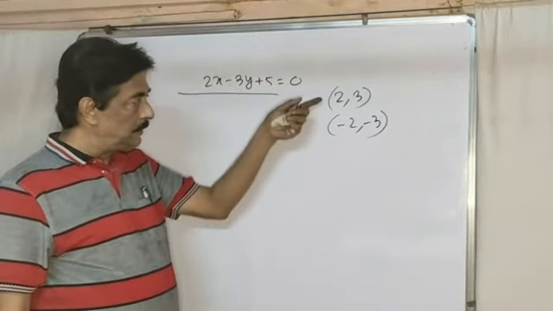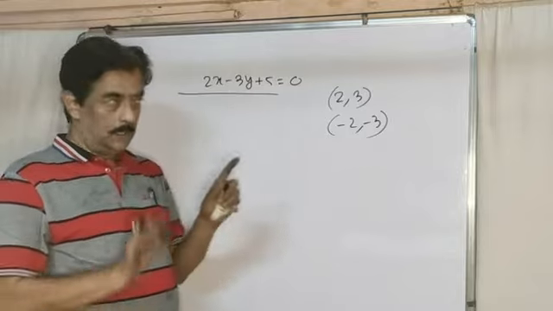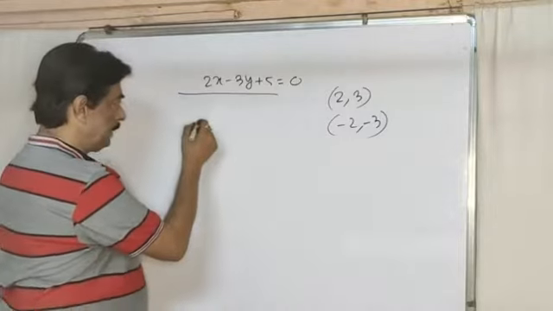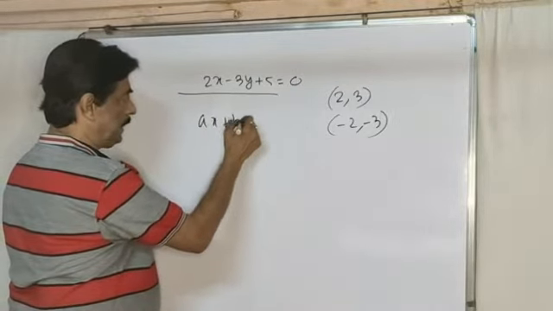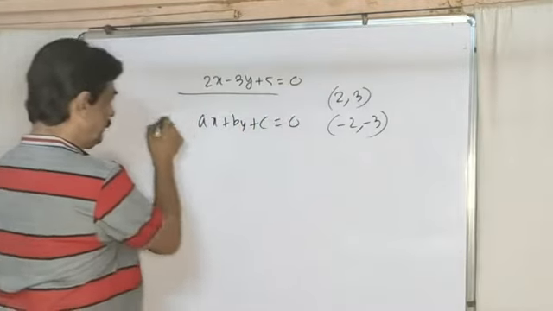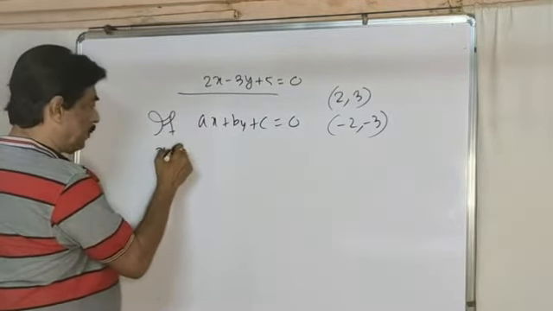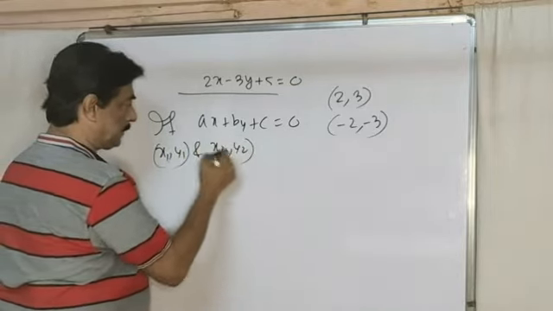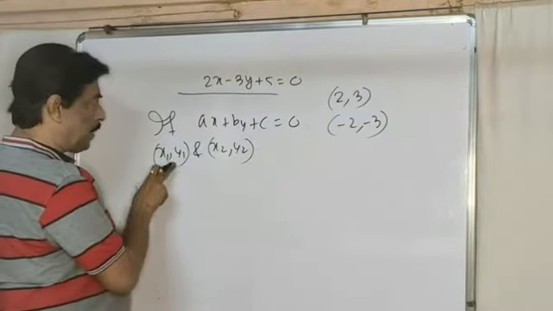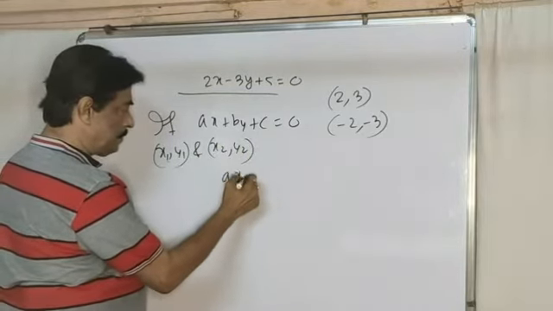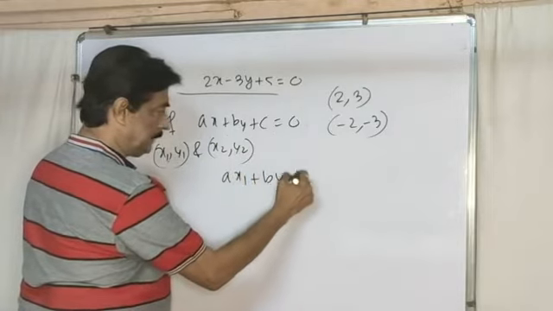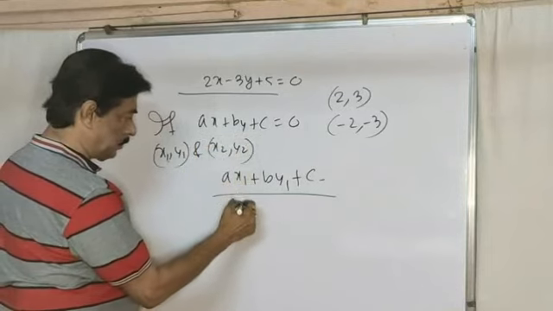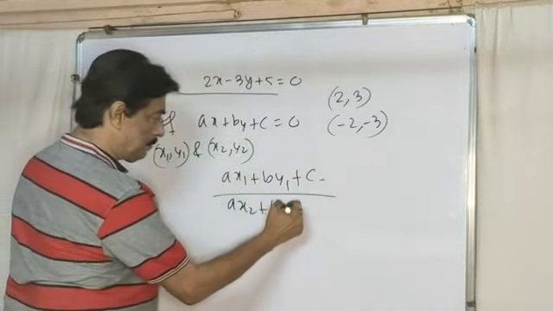What is the position of these two points with respect to this line? Whether the points are on the same side or on opposite sides. The rule: for the line ax plus by plus c equals 0, if (x1, y1) and (x2, y2) are the two points, first put (x1, y1) in the equation, giving ax1 plus by1 plus c, divided by the same expression with (x2, y2), ax2 plus by2 plus c.